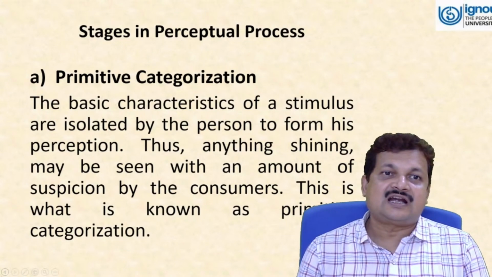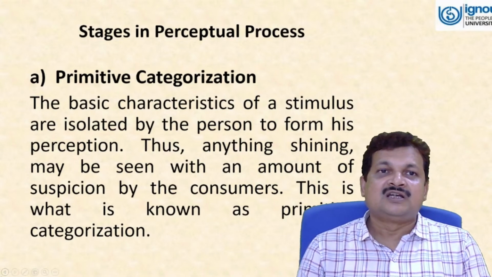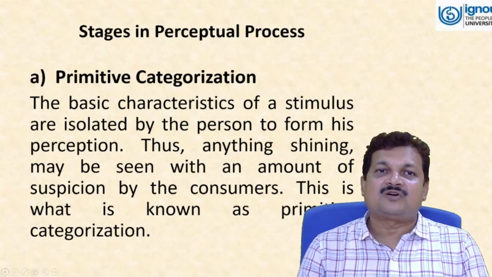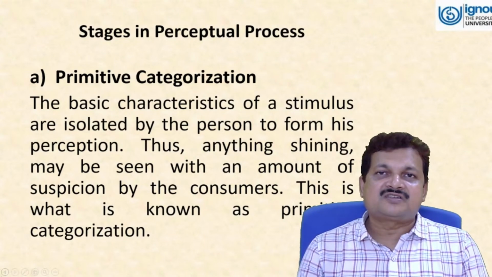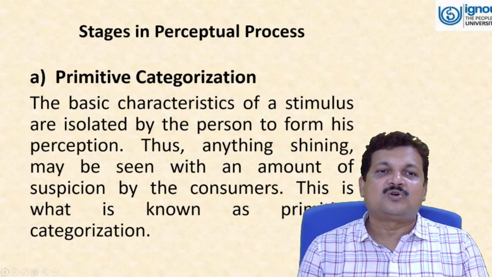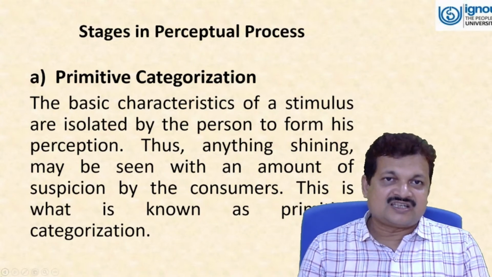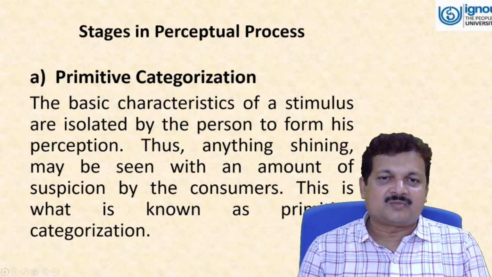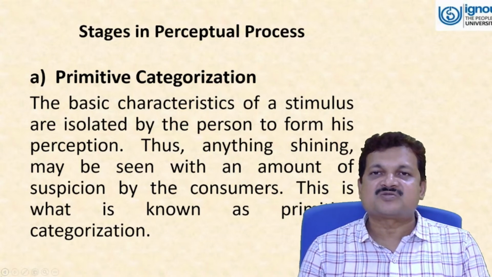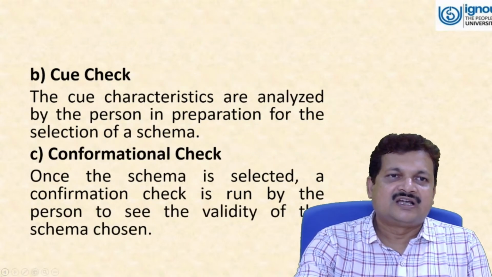For example, a child who is very afraid of something may stay that way for life, or the same child, as conditions change, may see differently what he saw in the child stage. So in primitive categorization, whatever information they got from the starting may change with situation and time.